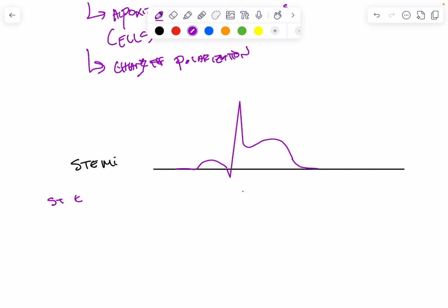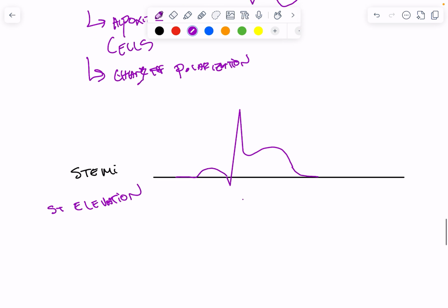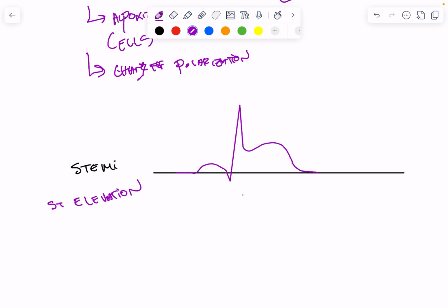So this is also called ST elevation. The ST elevation is caused by an area of hypoxic cells that involves the entire thickness of the ventricular wall.